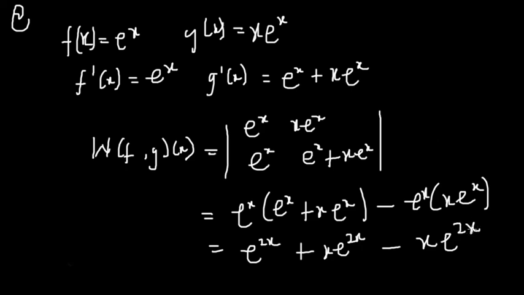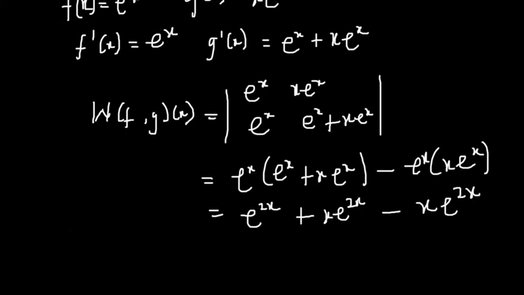From here you could notice that this has become very simple, because this will just cancel this out, that's 0, so you'll be left with e exponent 2x. So the Wronskian is not equal to 0.